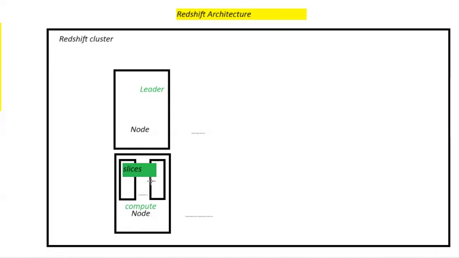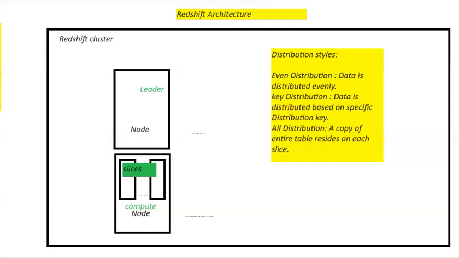Let's see what common distribution styles we have. Here you can see we have written 3 distribution styles. What are they? Even distribution, where the data is distributed evenly between slices. The next one is key distribution.